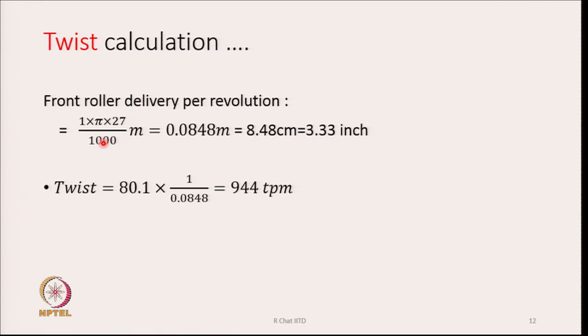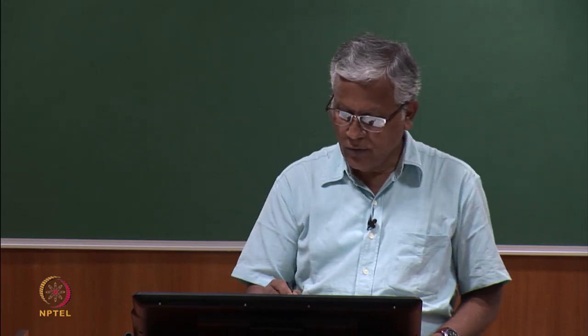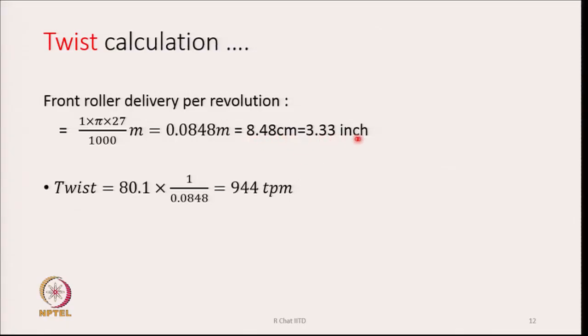So, we deliver around 0.0848 meter of yarn if the front roller revolves by 1 revolution, which is equivalent to 8.48 centimeters or 3.33 inches, and hence the twist will become 80.1 divided by 0.0848, and this will be 944 turns per meter. If we convert it into turns per inch, it will give you around 23.98, that is almost 24 turns per inch.